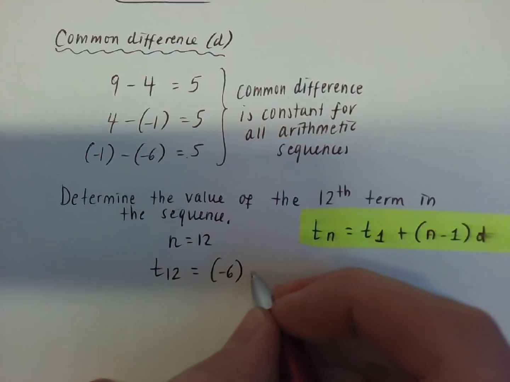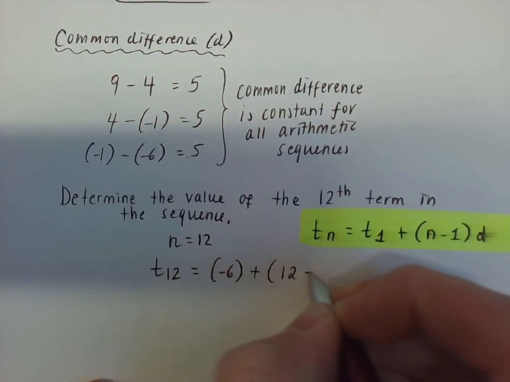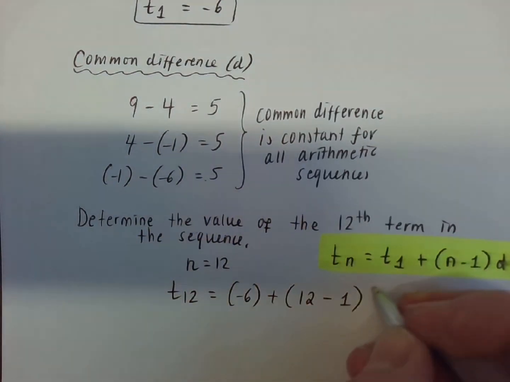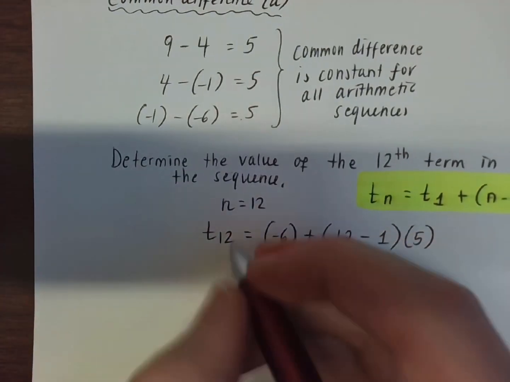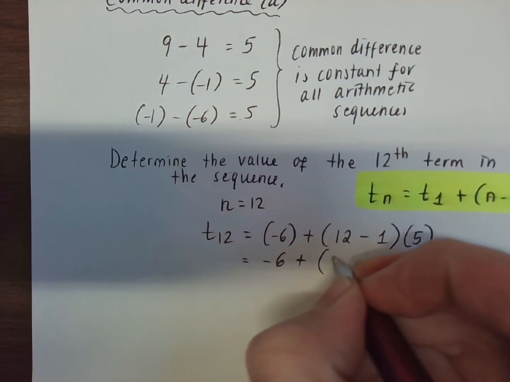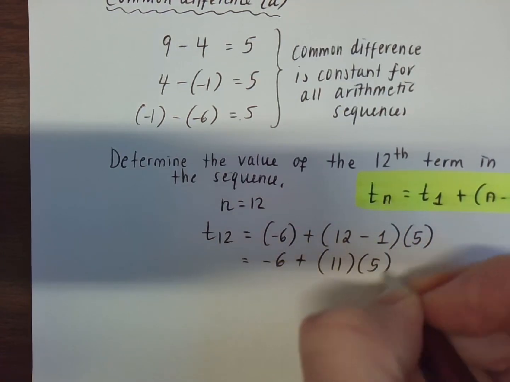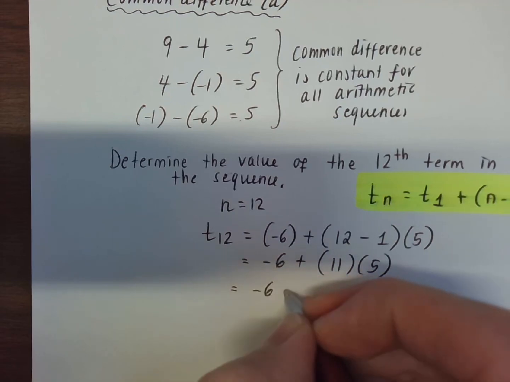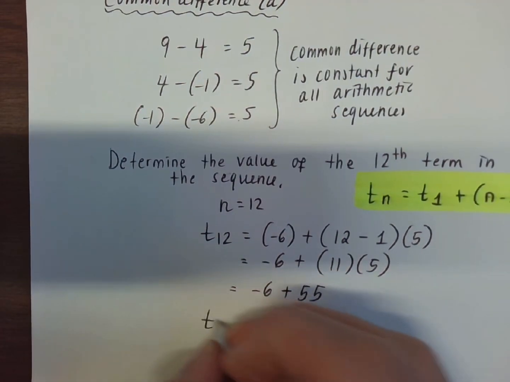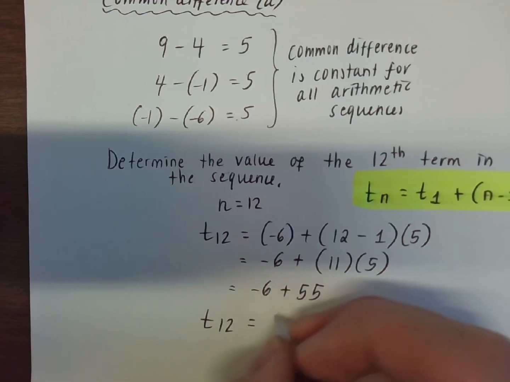N has to be 12. Common difference is 5. So -6 plus 11 times 5, -6 plus 55. T12 equals 49.